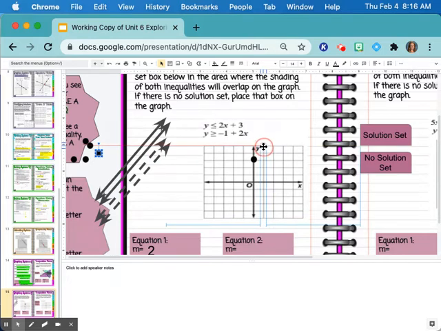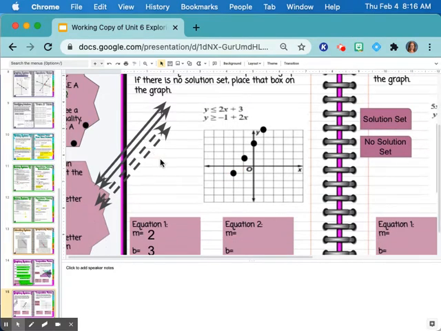Slope 2 over 1, down 2 over 1, down 2 over 1. And then is this solid or dashed? They're both solid.